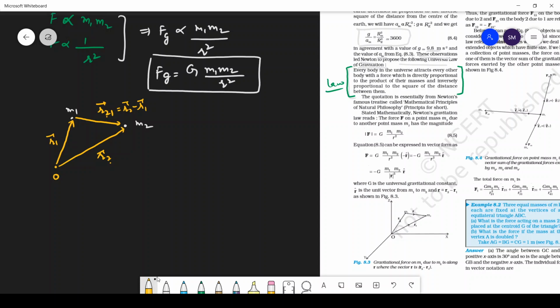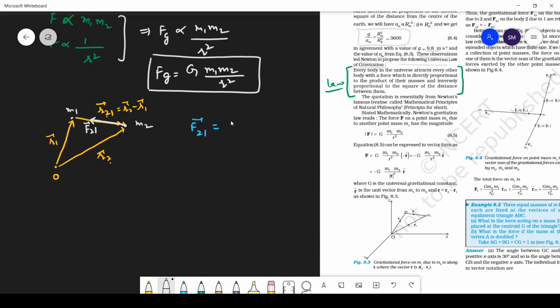Now I am writing it for force. See, force on 2 due to 1. What is the direction of force on m2? m2 is attracted towards m1, so that's the direction of F21. Is this okay?